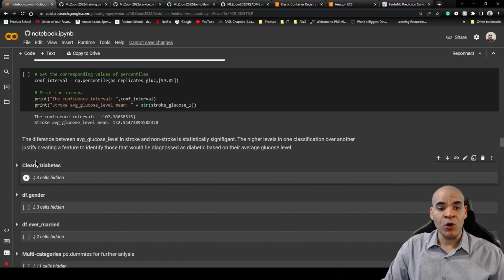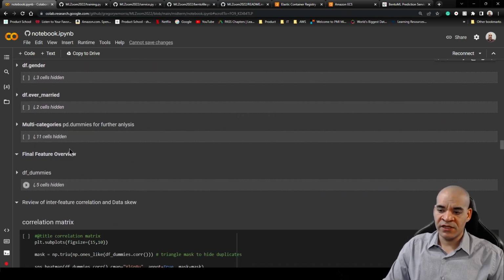You could be a type 1 that's in the honeymoon phase, so your pancreas is still producing insulin, so your average glucose might not have climbed that much and you're managing it really well. You might be a type 2 that's very well managed. You just have some spikes now and then. So we know that the people below 140 are a combination of not diabetic and well managed diabetics. However, anybody over 140 is clearly diabetic.